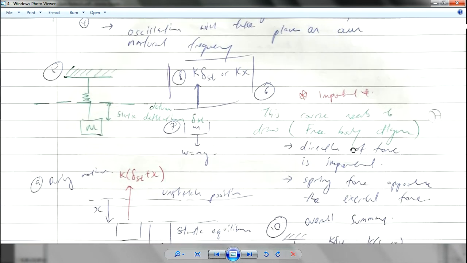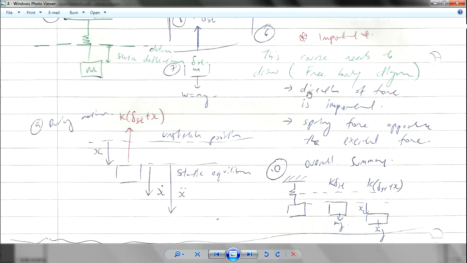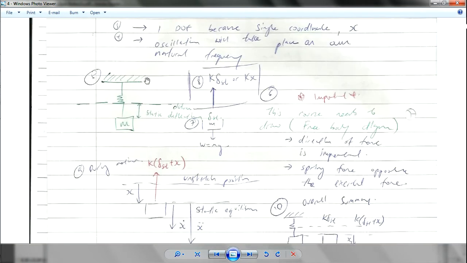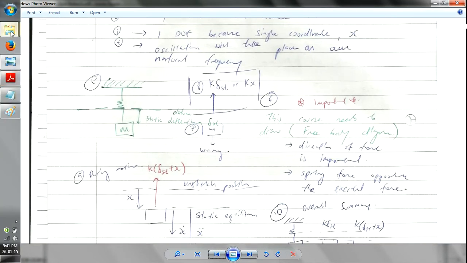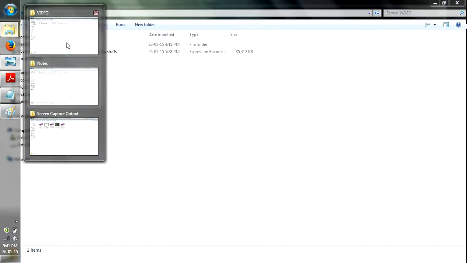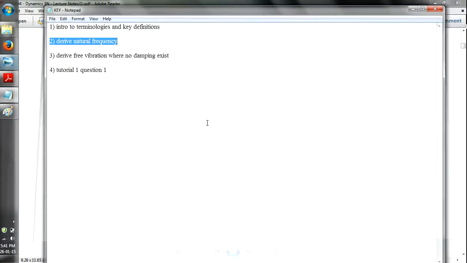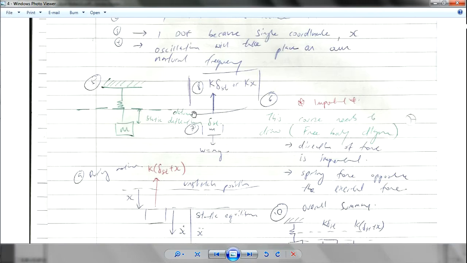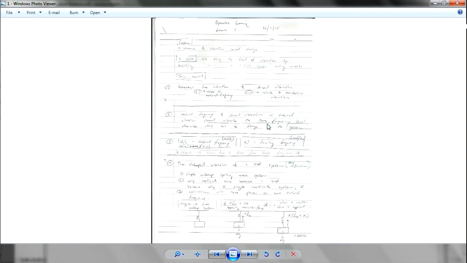So 5 and 6. Typically I would stress that we have to draw a free body diagram. I don't know whether I put it in the summary. Never mind, it's not in here.